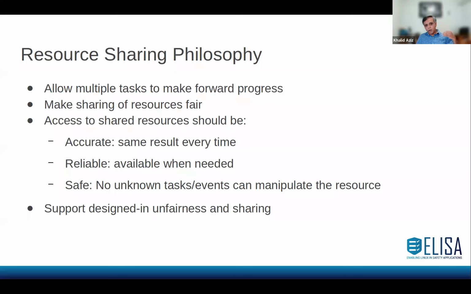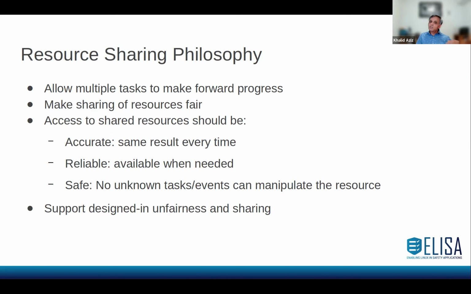And then on top of that, this access to the shared resources should be accurate. Accurate in the sense that if a task is sharing physical memory with other tasks, when it goes out to read its memory, it gets a certain data back. When it goes to read the same location in memory again, it should get the same data unless it has changed. So the results must be accurate every time.